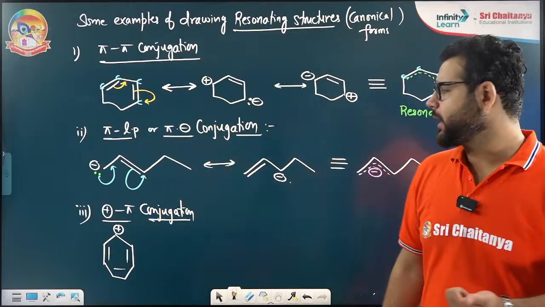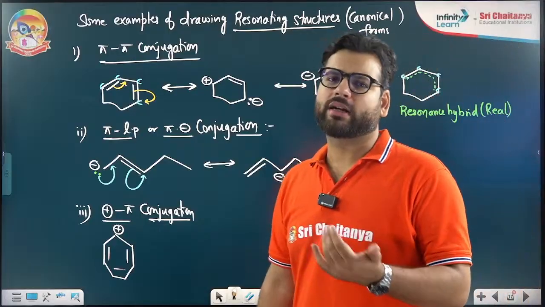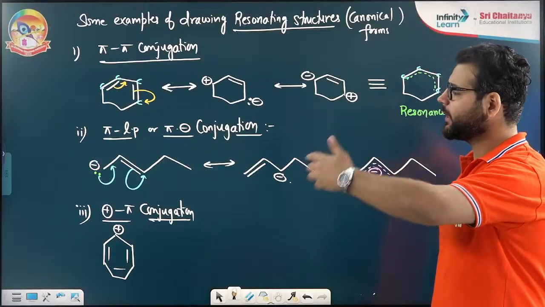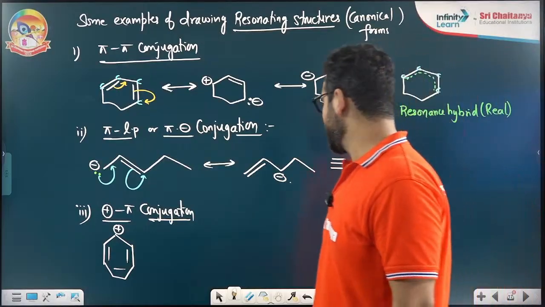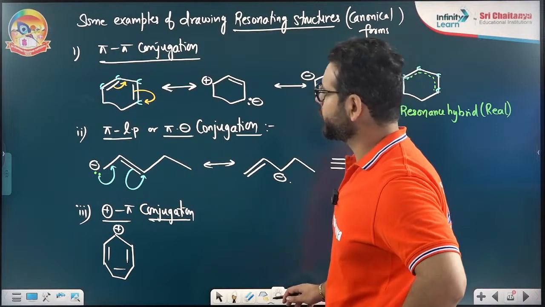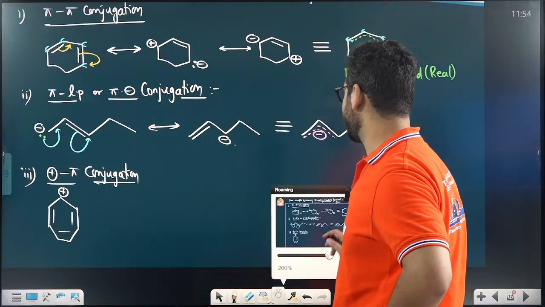For this particular carbocation, I can ask you how many resonating structures are possible, or how many canonical forms are possible. That could be my question to you. So how will you do it? First of all, there is no formula to find this out. You have to draw the canonical forms and check.